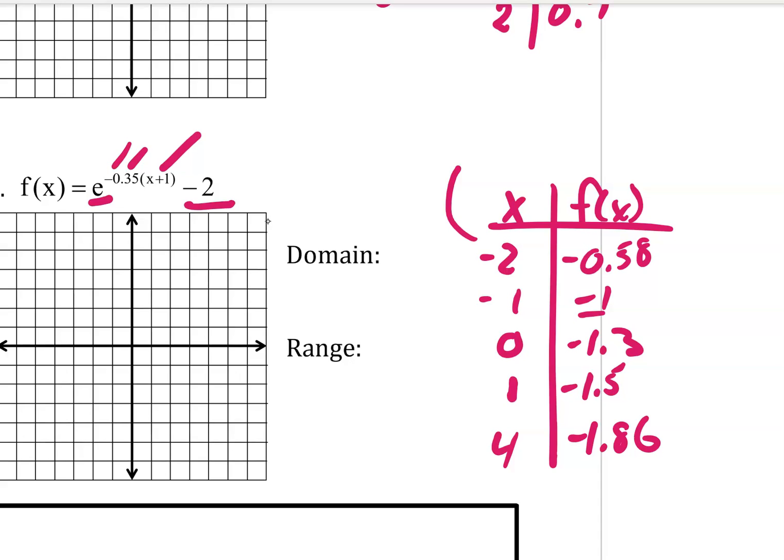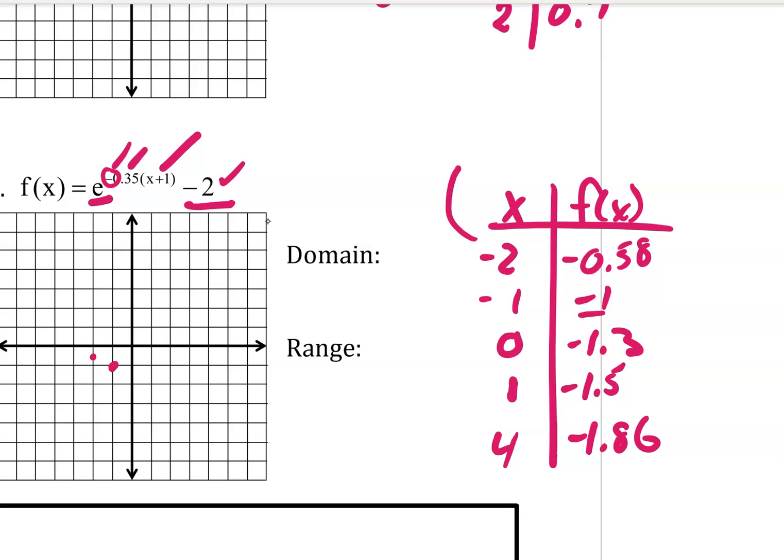But what we'll see is our graph is now flipped, and it has gone down 2. So negative 1, negative 1, negative 2, negative 0.58. So it goes up a little bit.